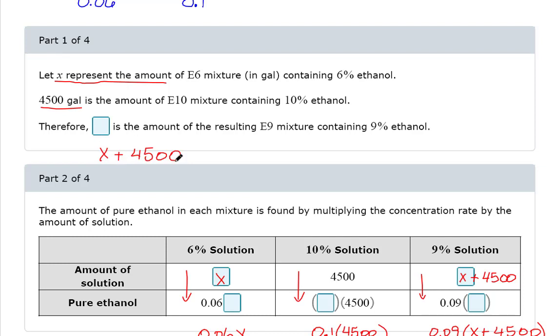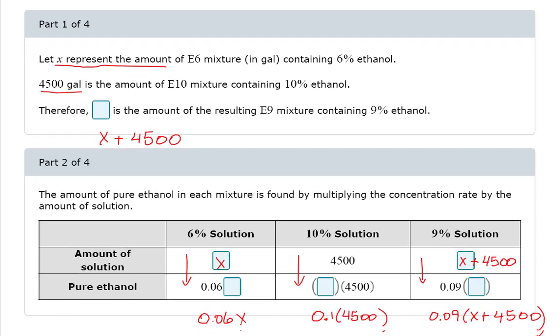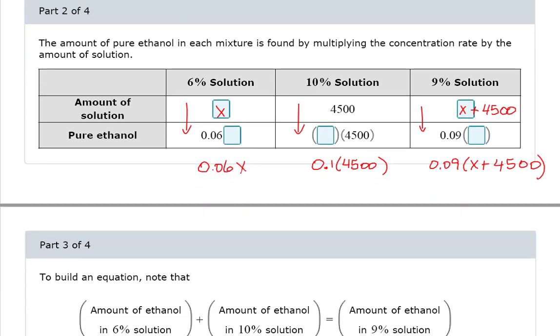Now, we collect all of that information in a chart. The chart has a couple of things in it. It has our concentration, which is 6%. Now the 6% is 0.06, 10% 0.1, 9% 0.09.